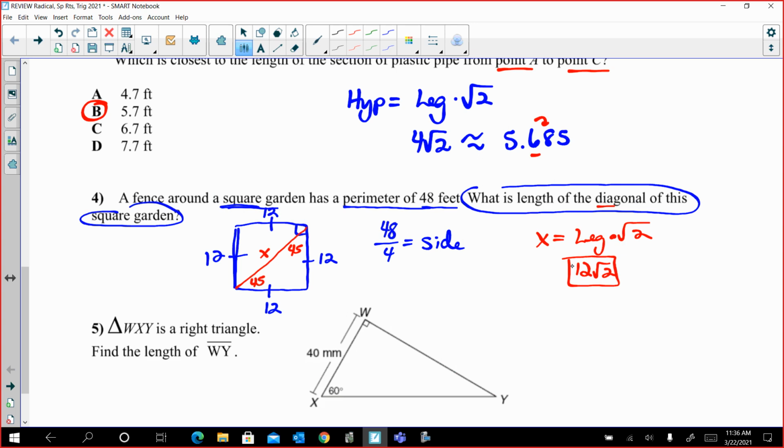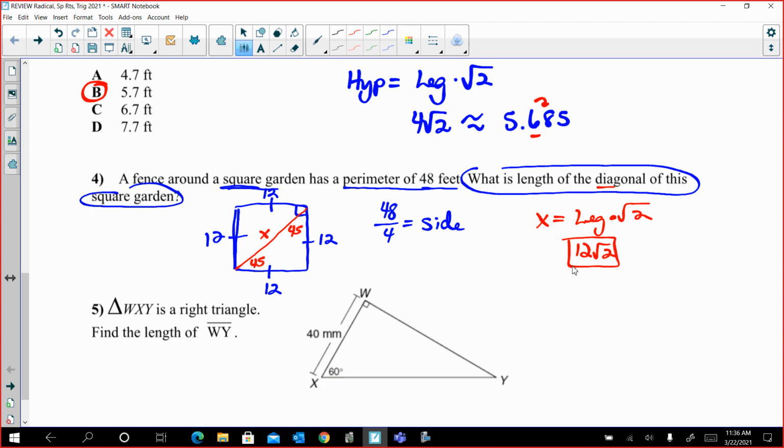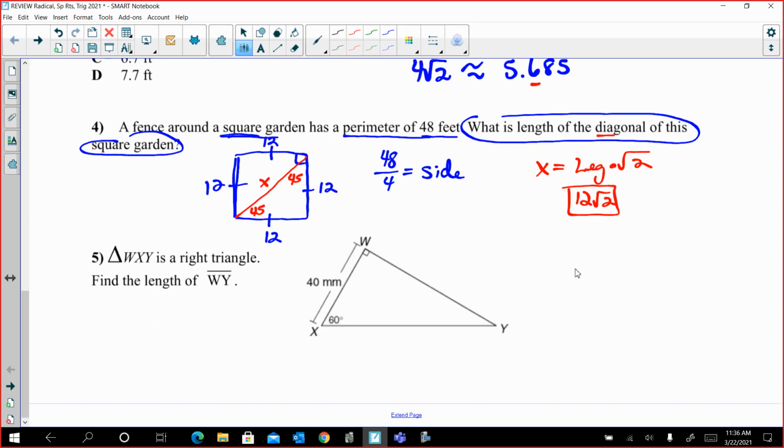So one with, one without. And we're going to do one for each type. So in this one, number 5 is the 30, 60, 90, because I see the 60 right here. That means this has to be 30, and because I have this 40 opposite the 30, that is the short leg. So our short leg equals 40.